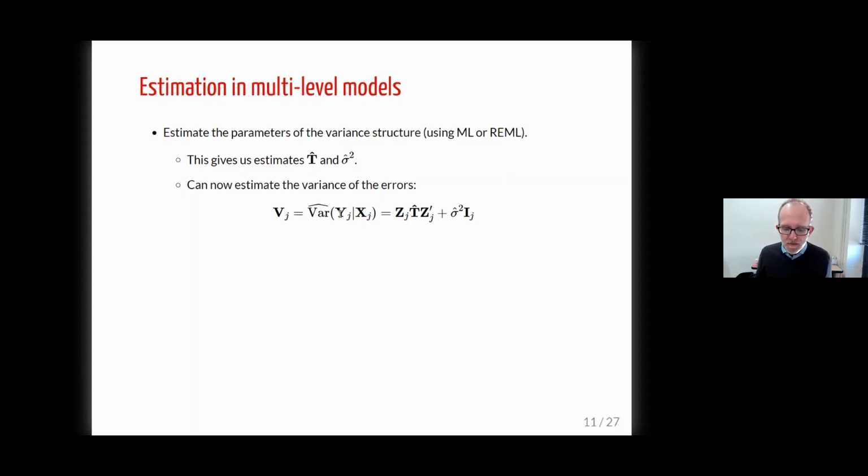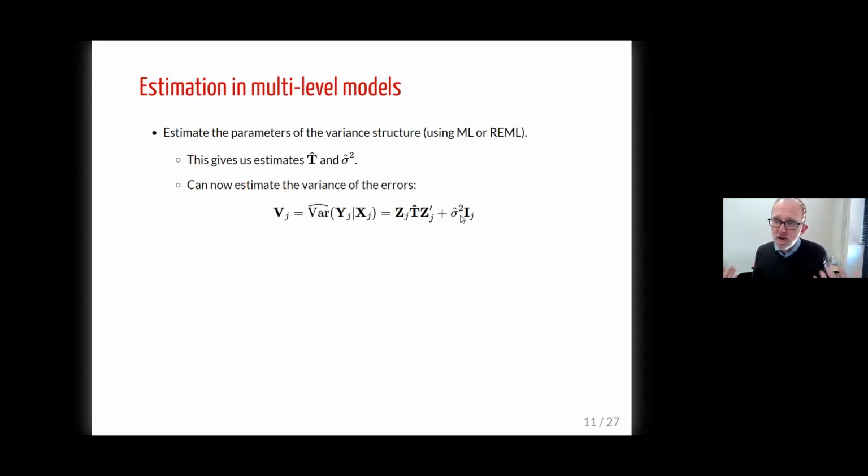If we can estimate these parameters, we can then estimate our assumed variance structure for the errors in the model. So the variance of the set of observations from cluster j has this form here. It's the product of the Z's, the structure of the random effects, times the random effects variance covariance matrix tau, times Z transpose, plus sigma squared for each observation.